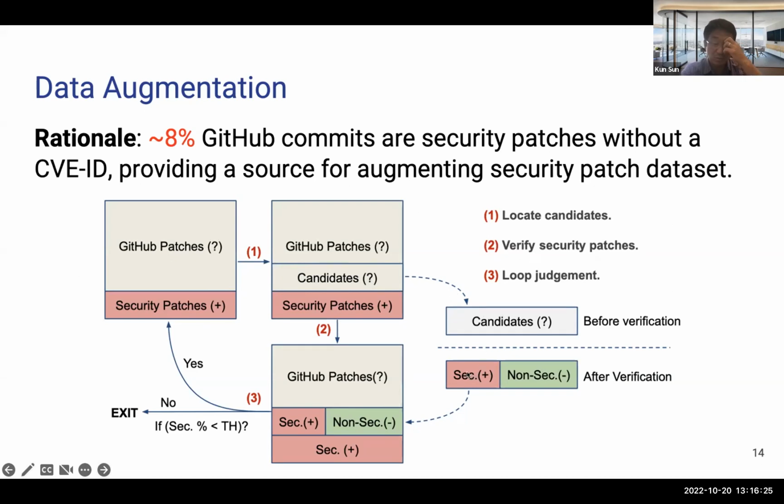If they are security patches, we add them into the original security patches, and the non-security patches go to the non-security patch database.